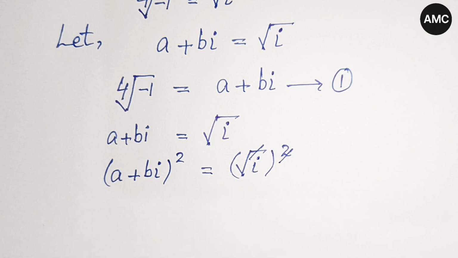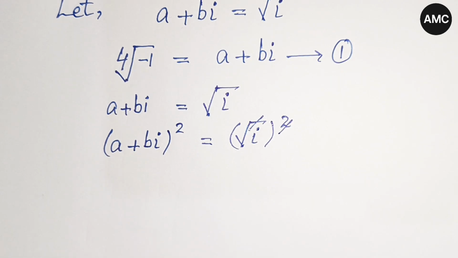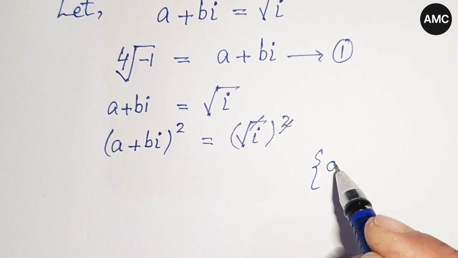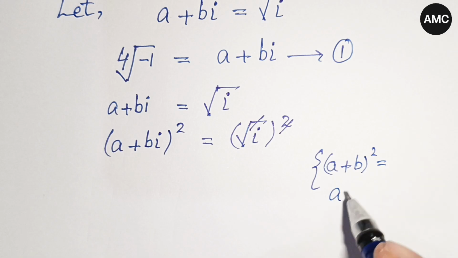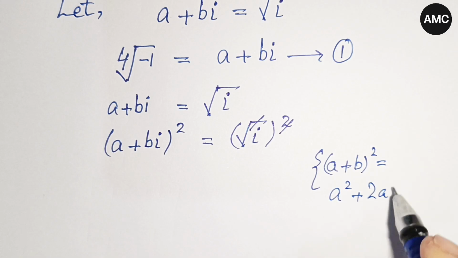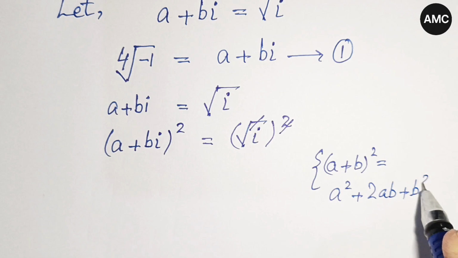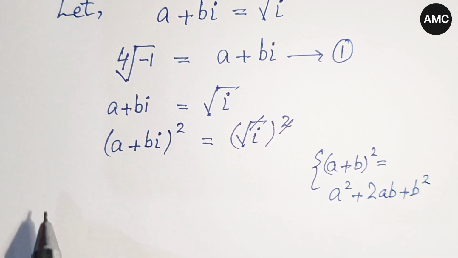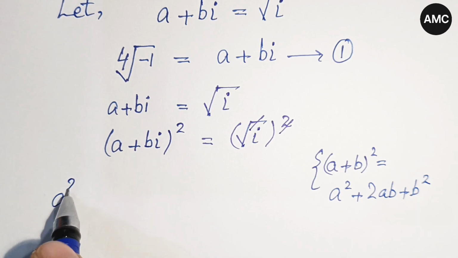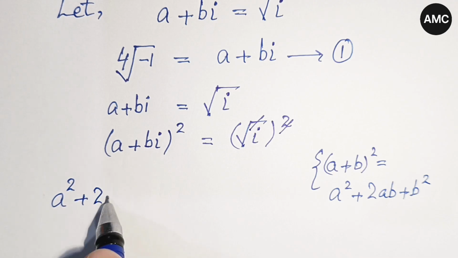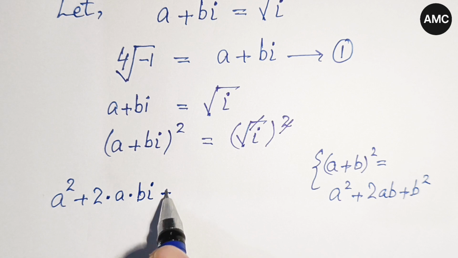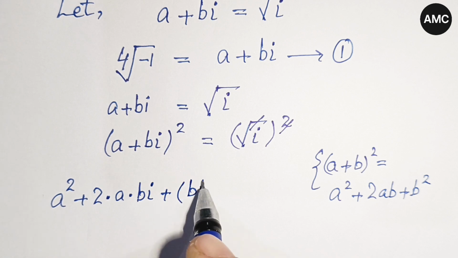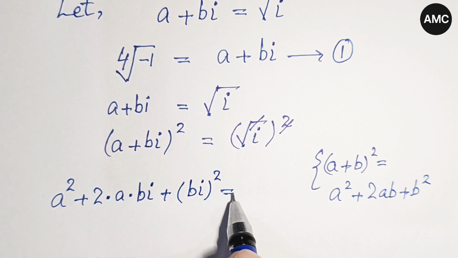Here we have a plus b whole squared. We know that a plus b whole squared is equal to a squared plus 2 times a times b plus b squared. Using this identity, we get a squared plus 2 times a times b iota plus b iota whole squared is equal to iota.